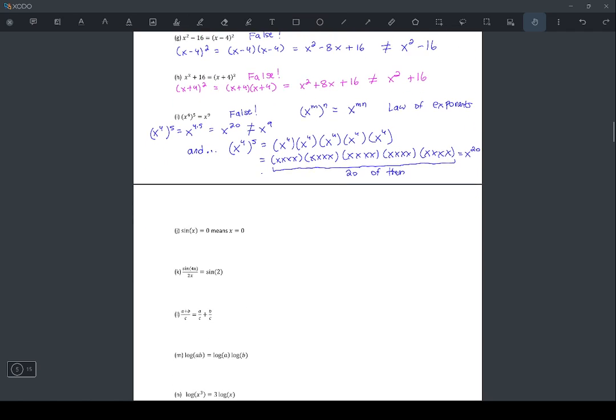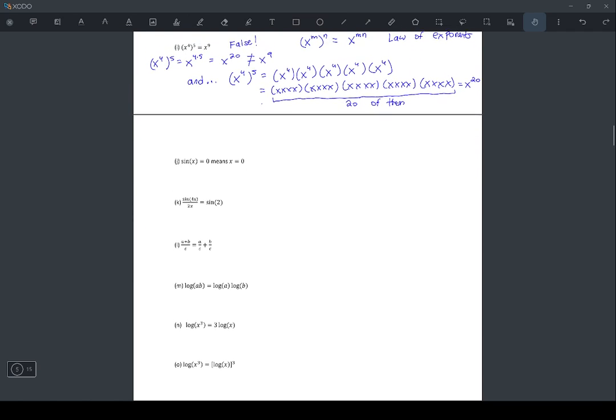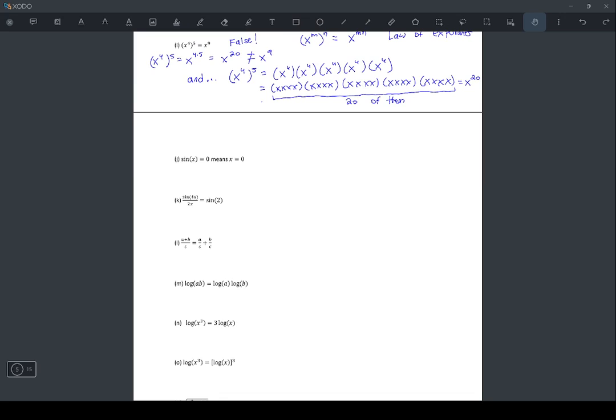Okay, next page. Part J. Sine of x equals 0 means x is 0. This is false. Sine is a periodic function. Sine of x equaling 0 has several possibilities. Sine of 0 is equal to 0 is true.